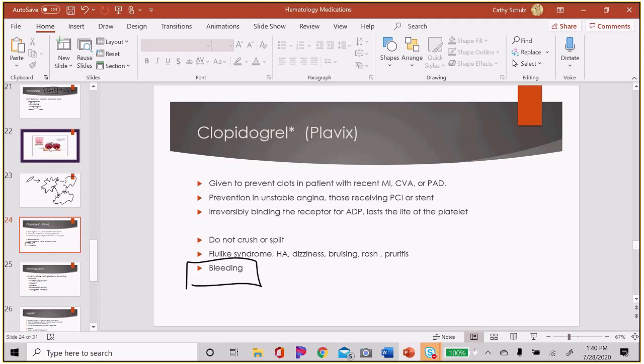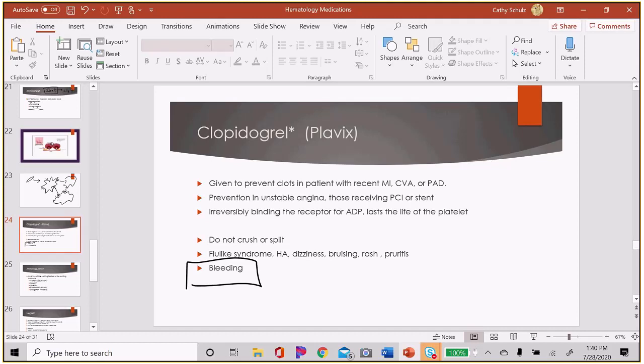But if we do that, then what happens if I actually fall or cut myself? When I need my platelets to do their job, they're not going to be able to. So the person is going to have easier bleeding and bruising. We just want to be sure that they're not bleeding excessively, which could happen.